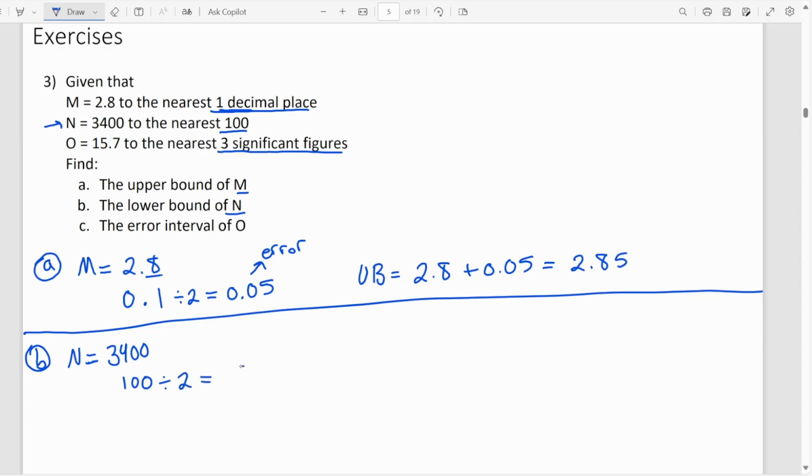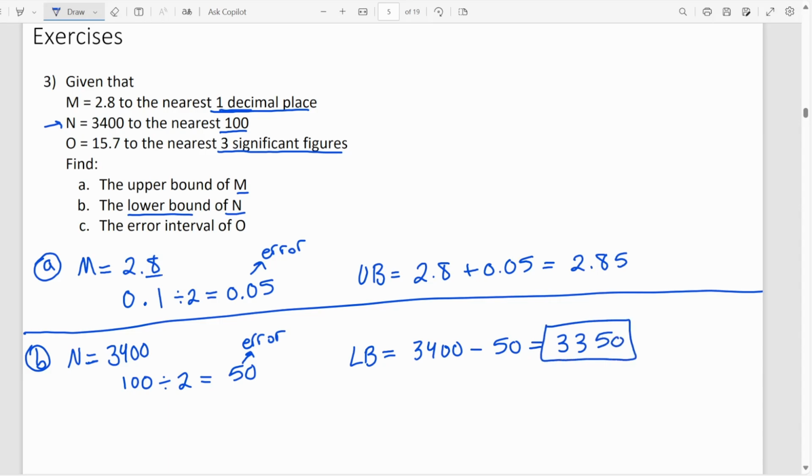It gives us 50. Okay, so this right here is your error. And so they're asking for the lower bound. So lower bound is equal to 3,400 minus 50. And this yields 3,350. Okay, this is the lower bound.